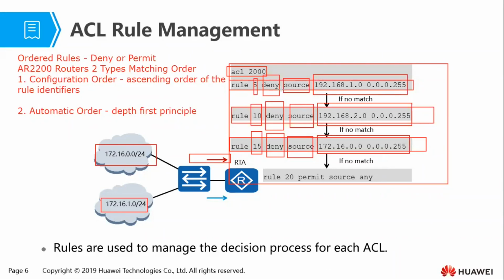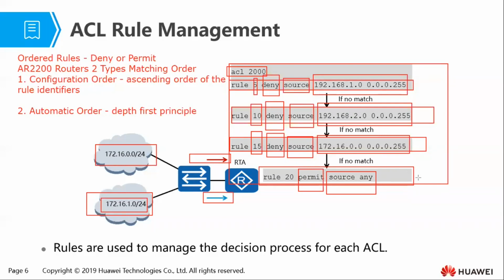Now, for example, so far no rule has matched for a packet that is coming from the blue network. We have no rule that matches packets that are coming from this network. Now, at the very end, it is recommended that you always configure a very last rule, and you put a permit clause, and you allow any. So source any.